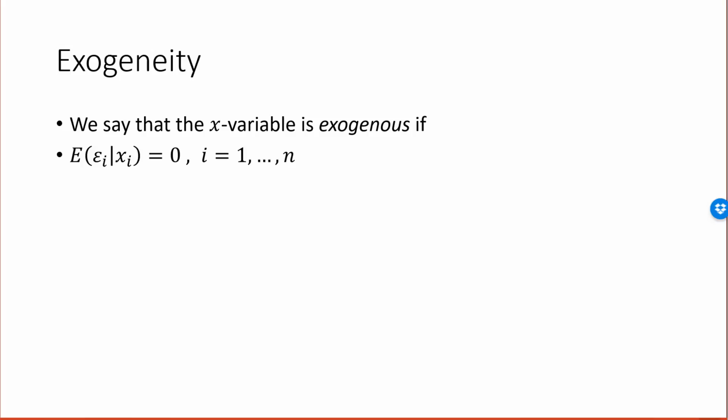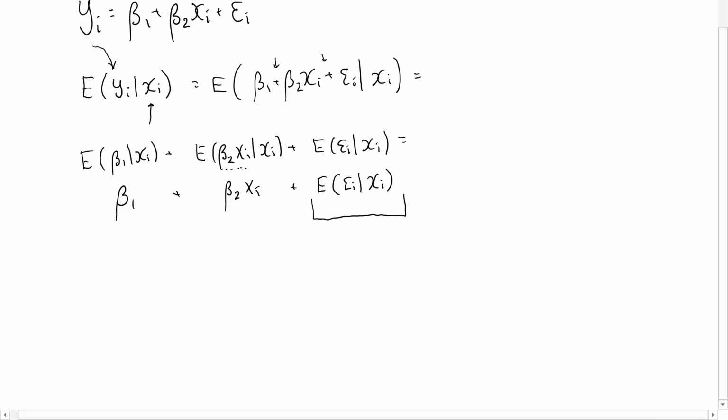So this exogeneity assumption, you can think of it as an assumption somewhere in between independence and uncorrelatedness. It's stronger than uncorrelated, but not quite as strong as independence, and it turns out to be precisely what we need for our estimator of the beta parameters to have nice properties.